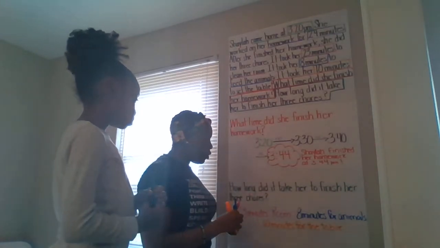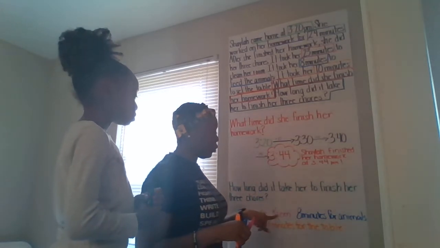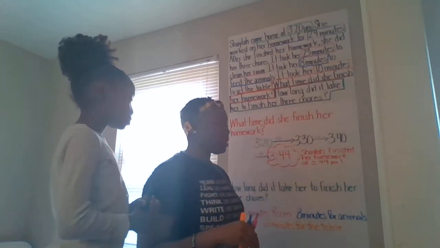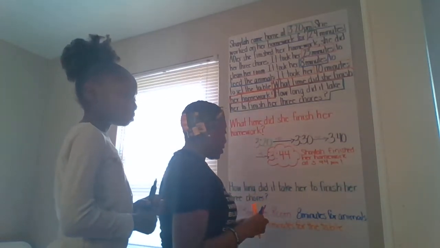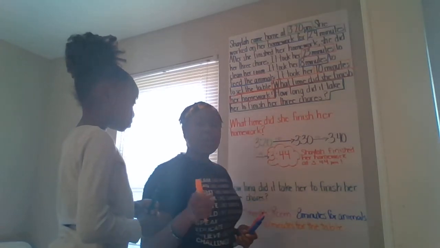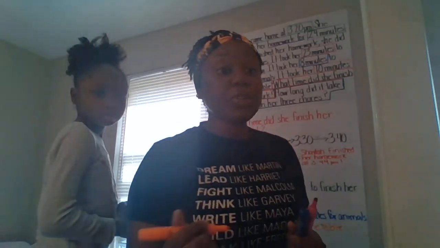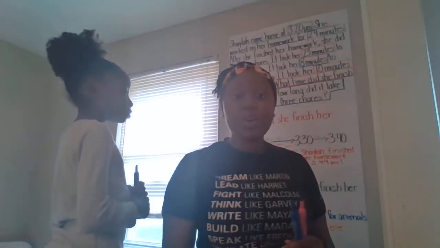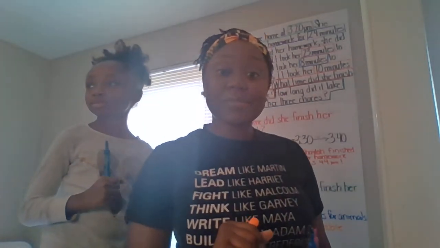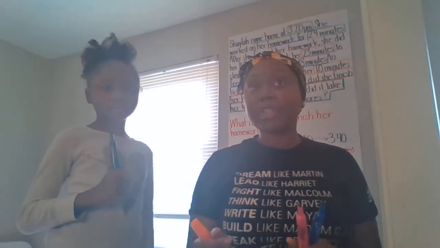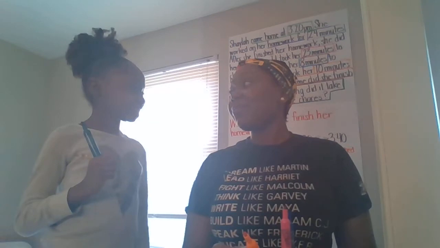All right, so we know how much time she took to clean her room, how much time it took her to feed the animals, and how much time it took her to set the table. Now, I want you to tell your family, or your friend, or your sibling, or your dog, or your cat, what do you think we need to do to see how long it took her to do the chores? So take a second. What do you think? You don't know, right? We're about to figure it out, okay?